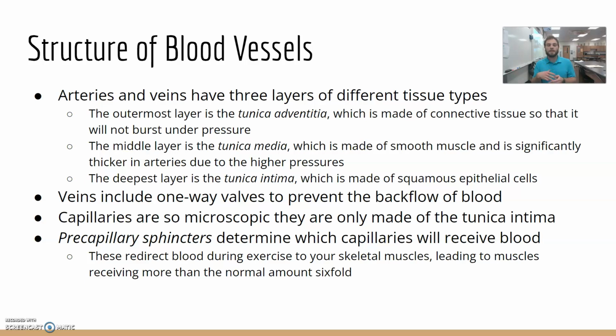And so that blood will end up being redirected back towards your skeletal muscles to provide them with an overabundance of nutrients just in case you need to fight or run or something like that. And you can see here, at its most efficient, your muscles can receive 6 times the normal amount of blood flow because of these pre-capillary sphincters.